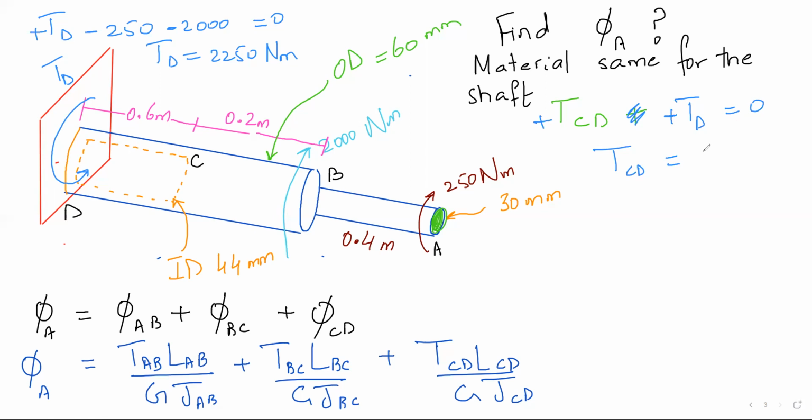My answers are coming out different. Anyways, T_CD comes out to be negative T_D, which is 2250 Newton meter.